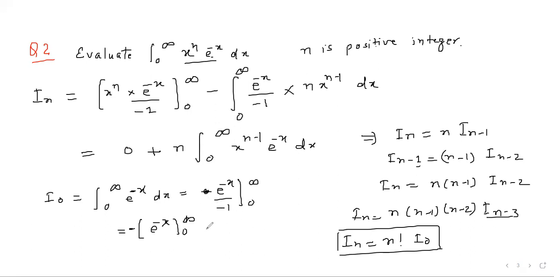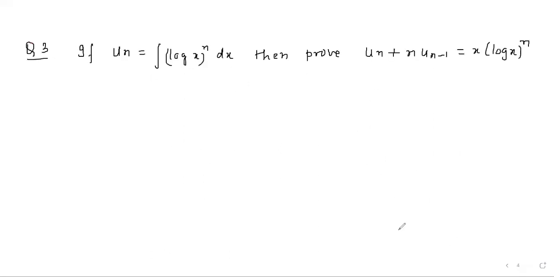So now if we put the limits, we will get I0 as 1. Now, if I0 is 1, then I n will become factorial n. And that was our purpose. Let's go to the next question.